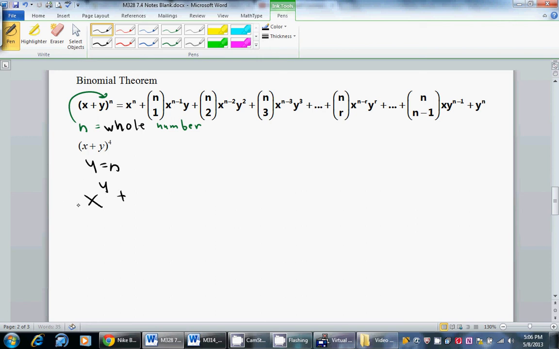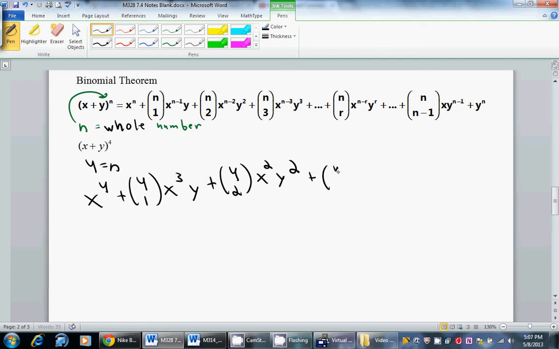Plus the binomial coefficient of n and 1, so 4 and 1, times x to the n minus 1, which is 3, times y to the 1st, plus the binomial coefficient of 4 and 2, x to the n minus 2, which is just 2, times y squared.